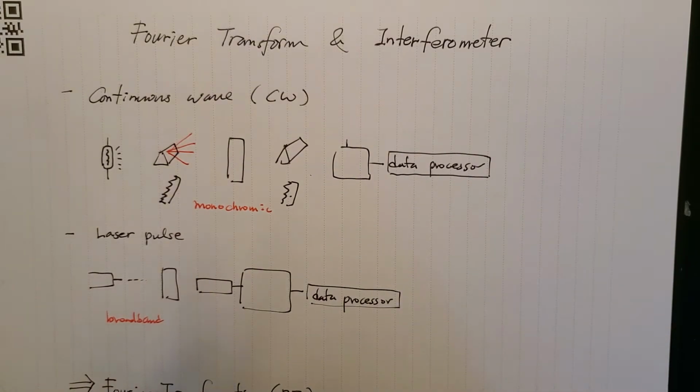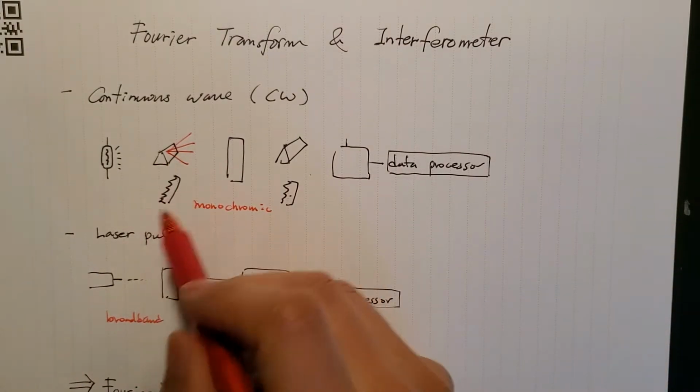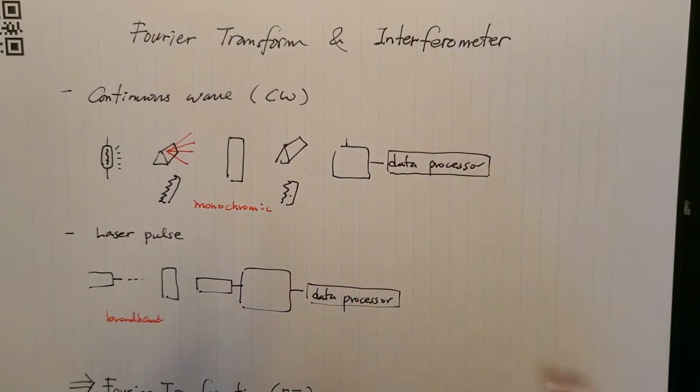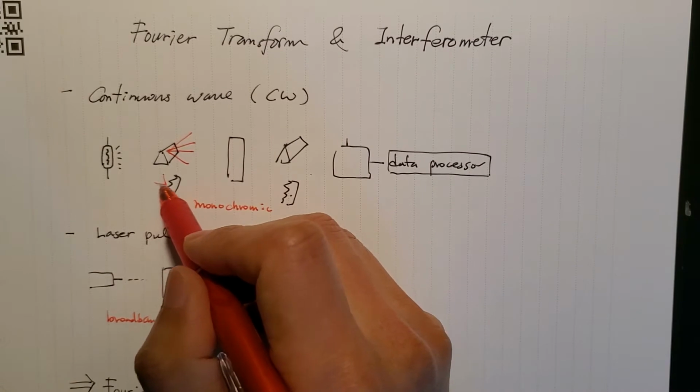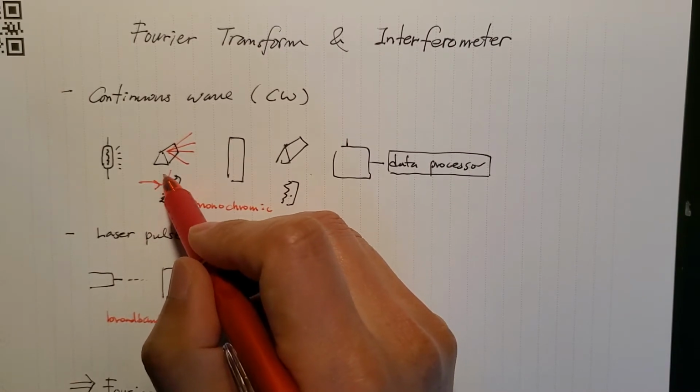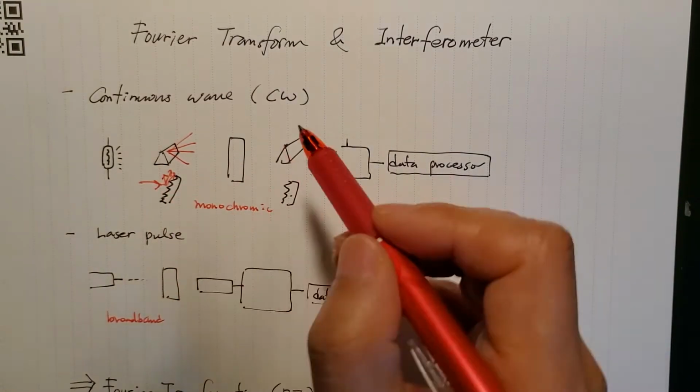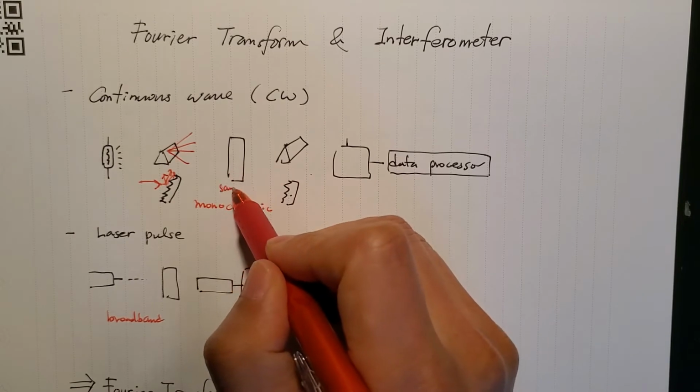So as you turn the dial or click on the software, these things move, and we know what wavelength is actually going through the sample.